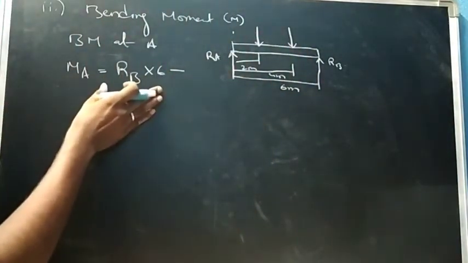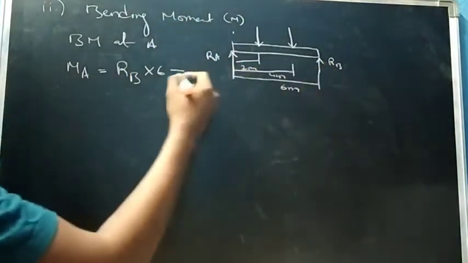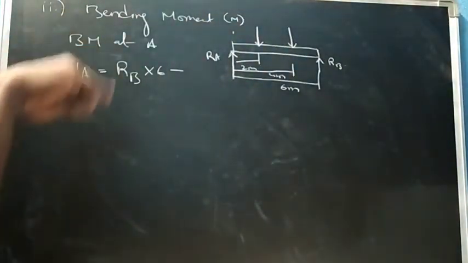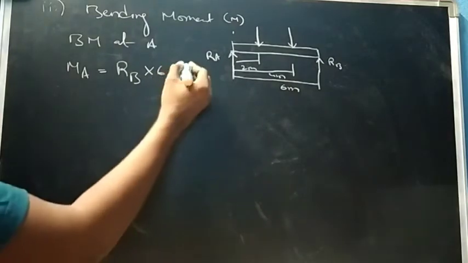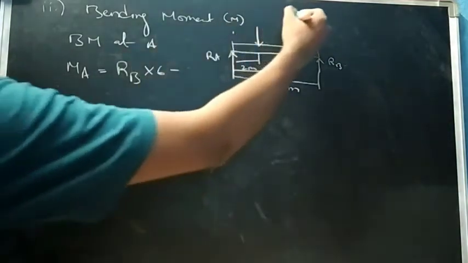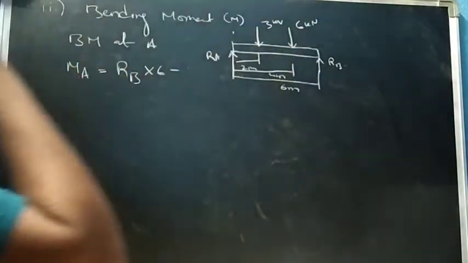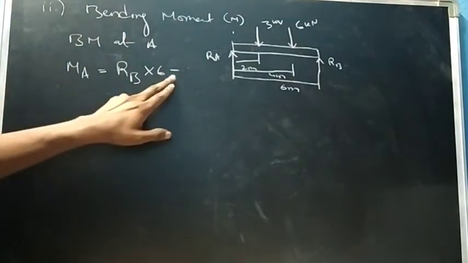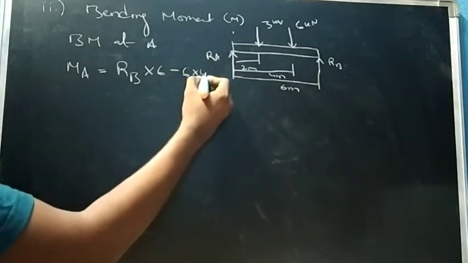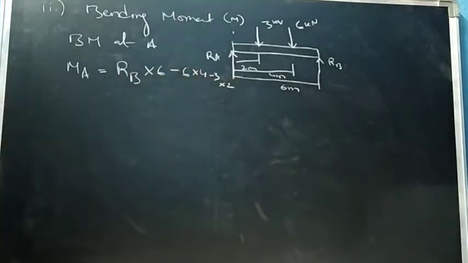So now the load into perpendicular distance, that is RB into 6 minus, because it is downward direction, minus 6 kilonewton and 3 kilonewton, right? So again minus 6 into 4 minus 3 into 2, right?